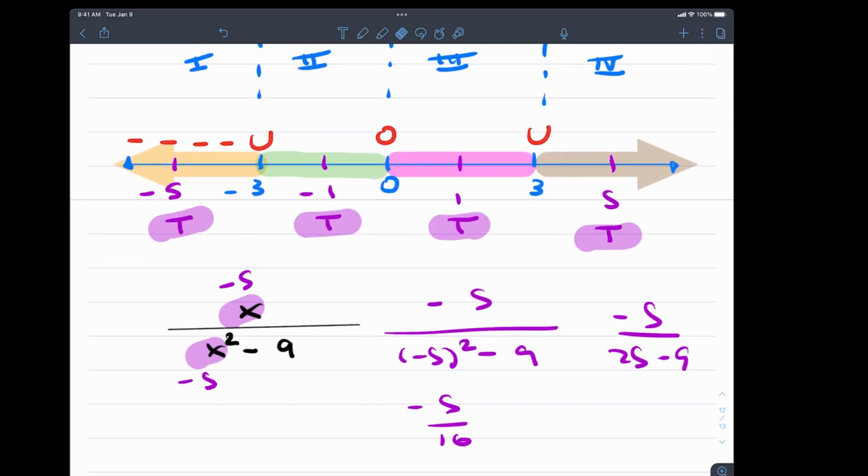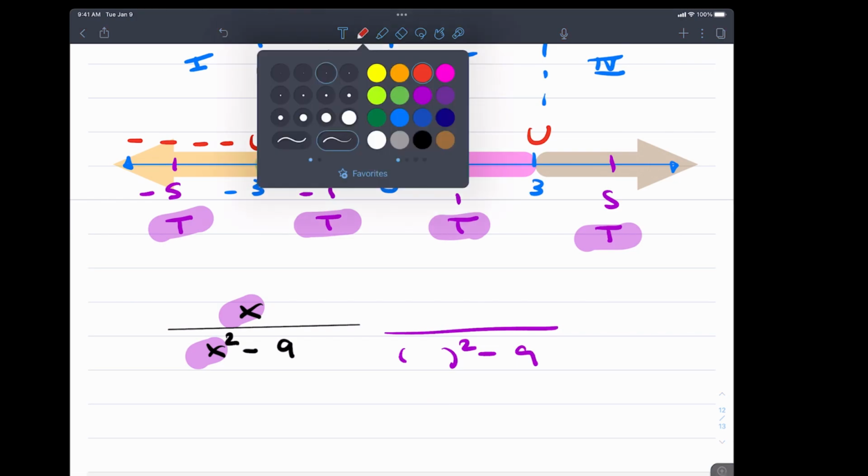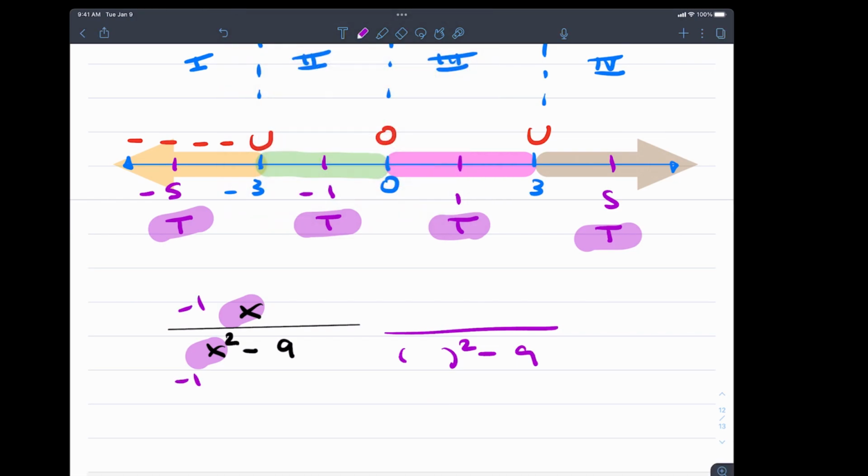Okay, let's plug in now what? Let's plug in -1. -1 over 1 minus 9, -1 over -8. What's a negative over a negative? It's a nice positive.